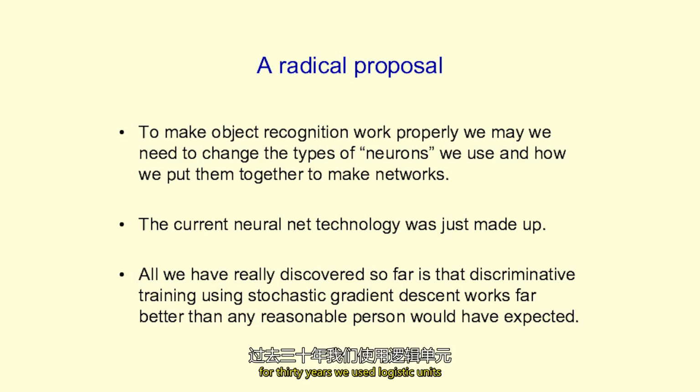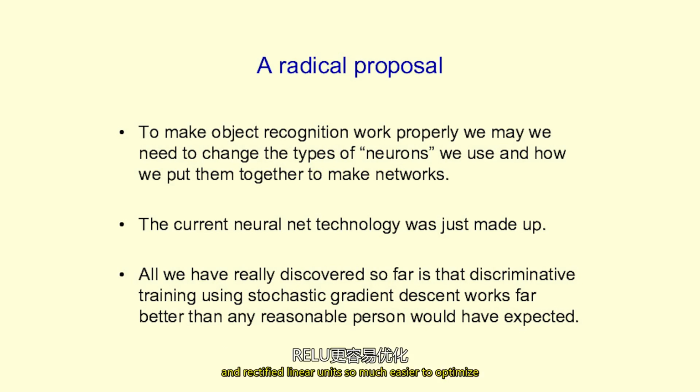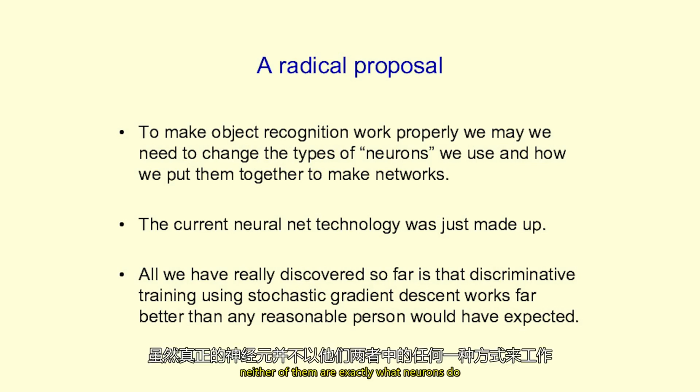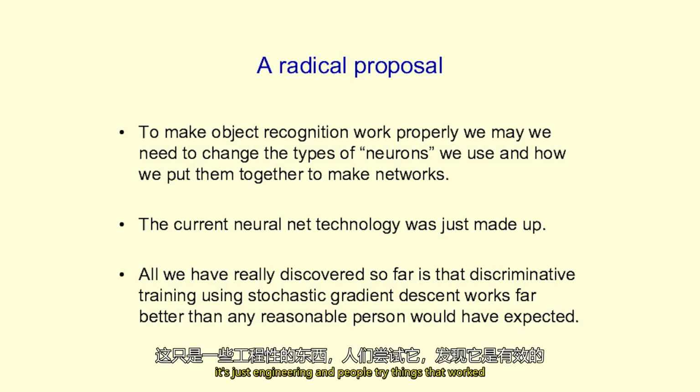For 30 years we used logistic units, and then after 30 years we decided, hey, why not use rectified linear units? And rectified linear units are much easier to optimize. Neither of them are exactly what neurons do. But the important thing to remember if you're new to neural nets is it's all just made up, right? It's just engineering, and people tried things that worked.